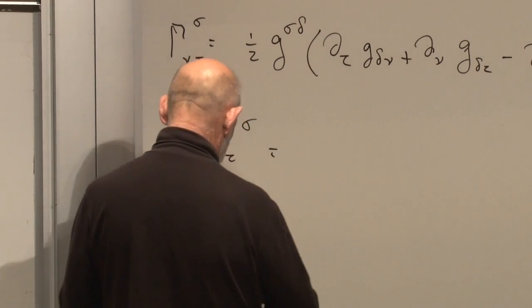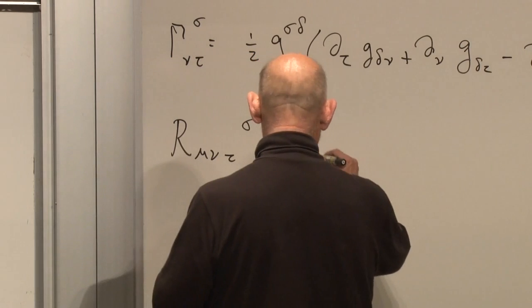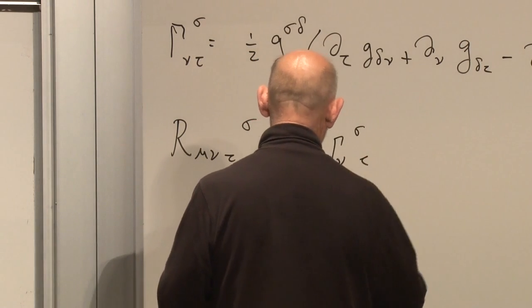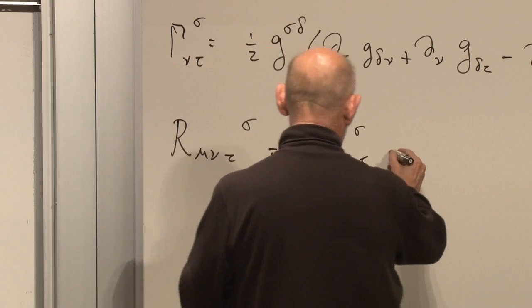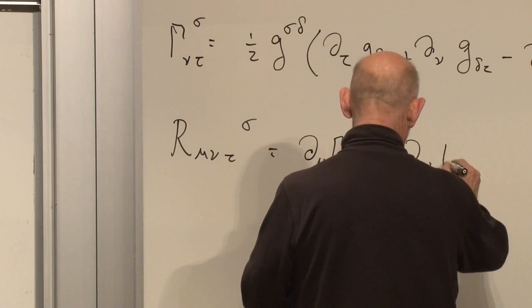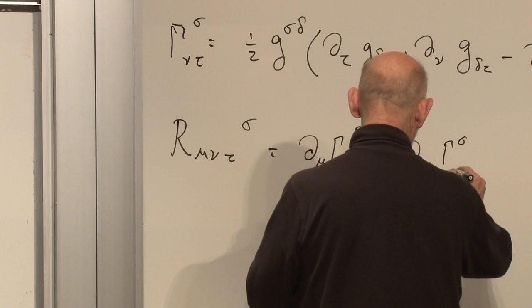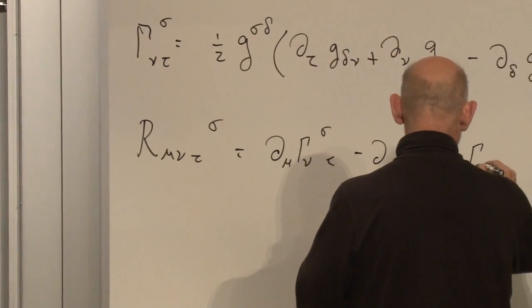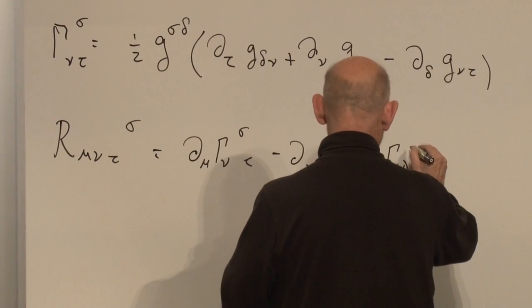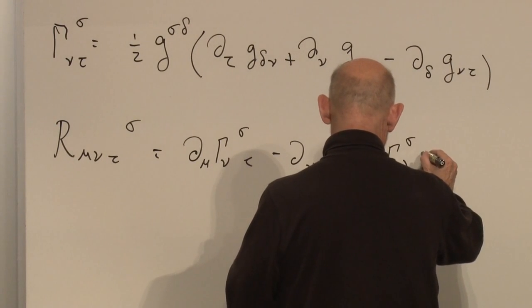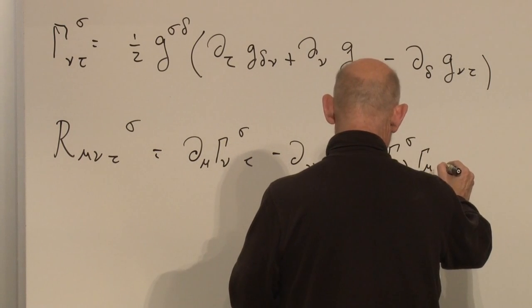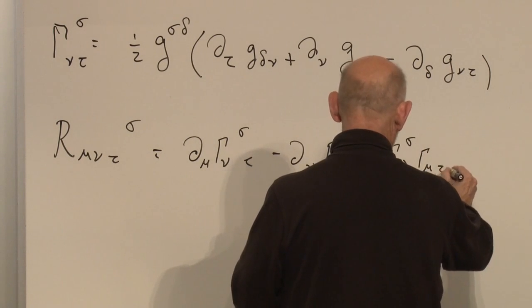And what is this equal to? It's equal to, I think, d mu gamma nu sigma tau minus d nu gamma sigma mu tau. And then there's another term with gamma nu lambda sigma gamma mu tau lambda.